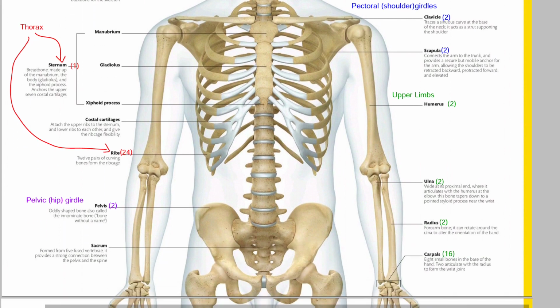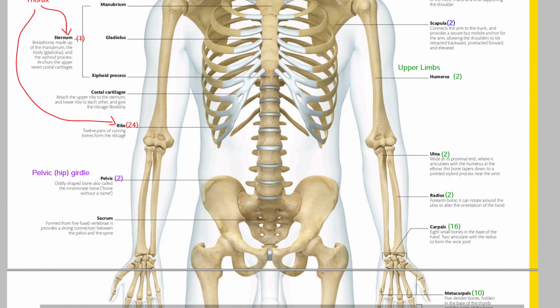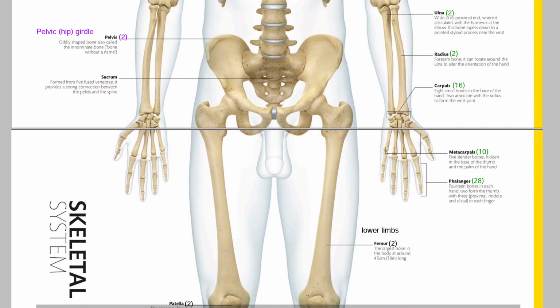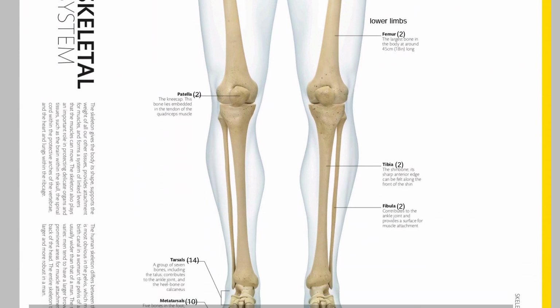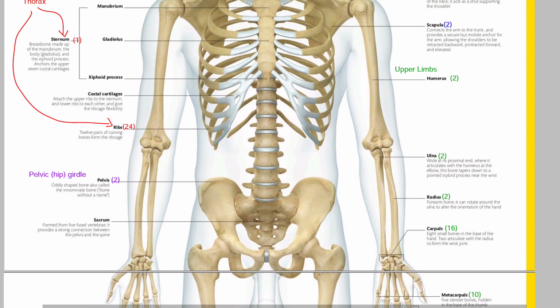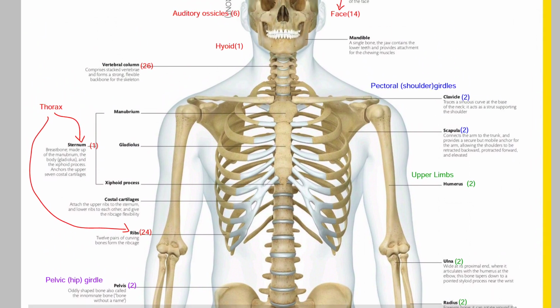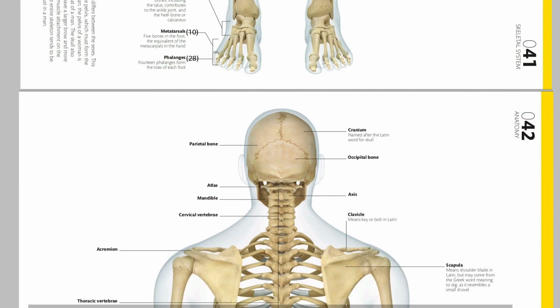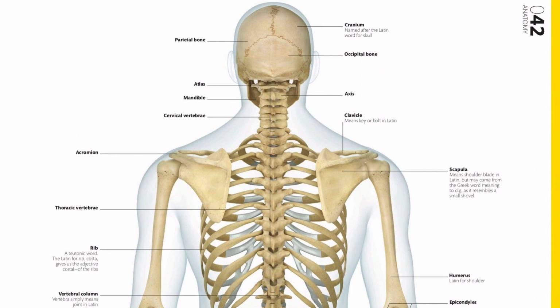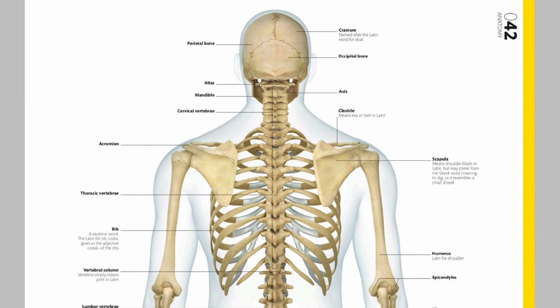In the brackets I have written the numbers. This is the ventral look of the skeletal system, and this is the dorsal look of the skeletal system. You can go through all the names and read the details.